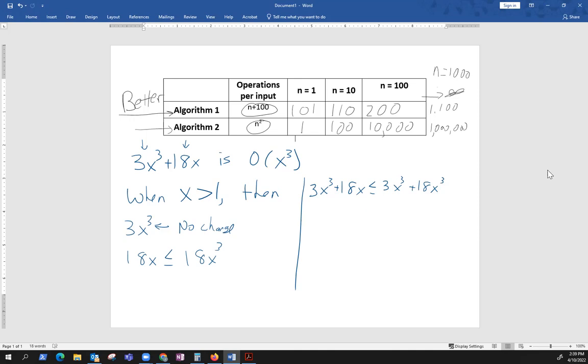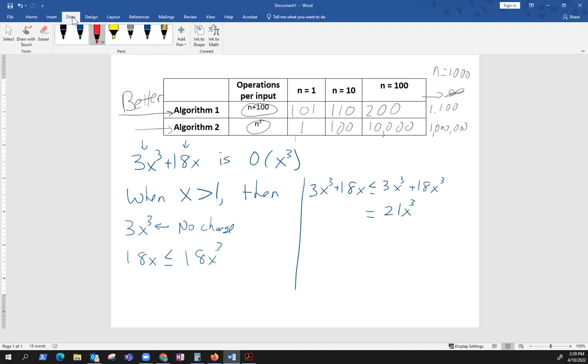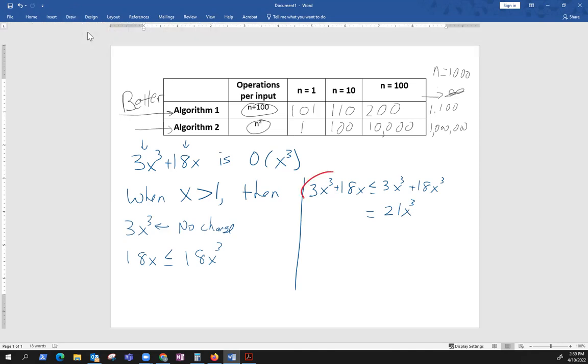And that right-hand side is equal to 21x cubed. So that gave me that 3x cubed plus 18x is less than or equal to 21x cubed. And I'm finished. I'm finished because I found my witnesses.